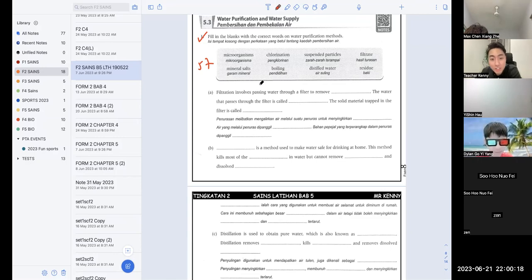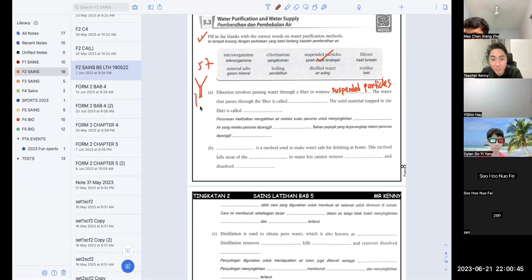Now, filtration. With a filter, you are only removing suspended particles. The water that passes through the filter is the filtrate. I don't know if you remember from Form 1.